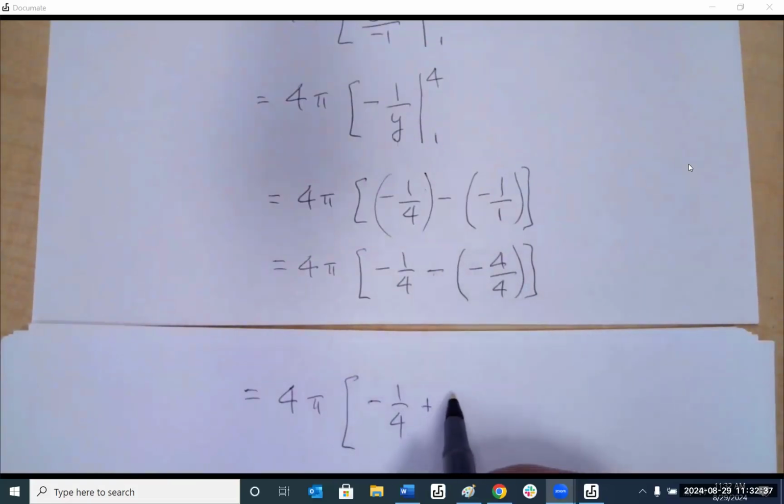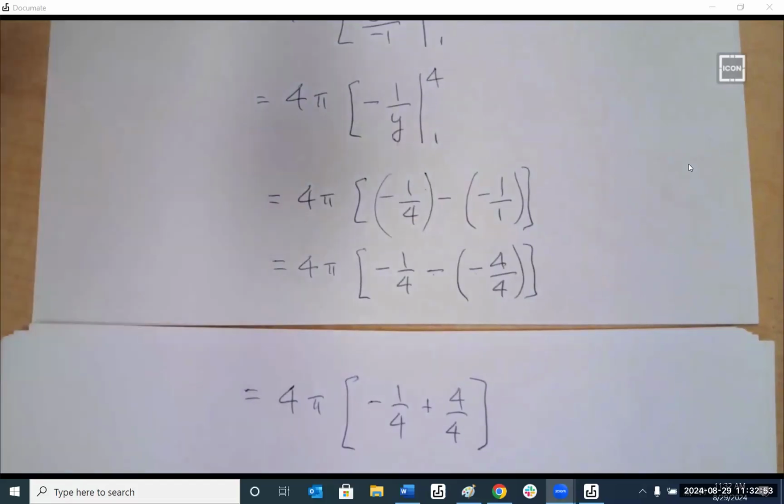Two negatives become a positive. 4 over 4. So it's -1 plus 4 on top.